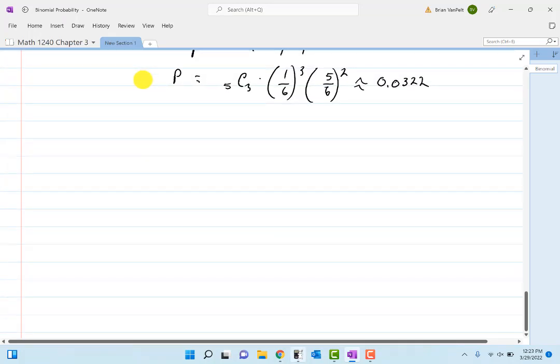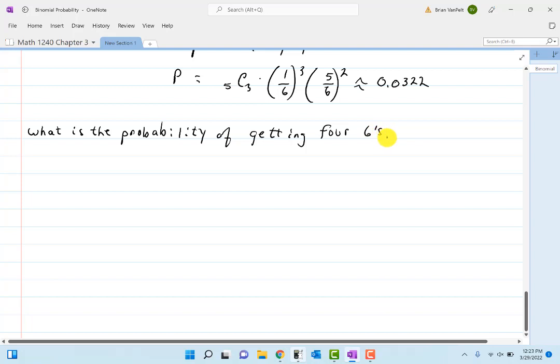Let me ask another question. What is the probability of getting 4 6s? Hopefully by now you can see the pattern here.